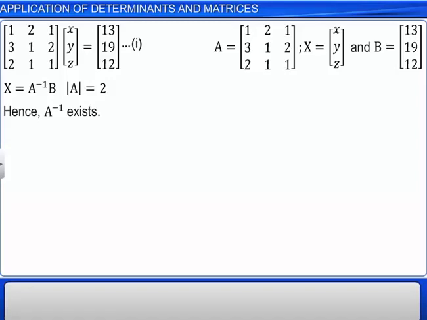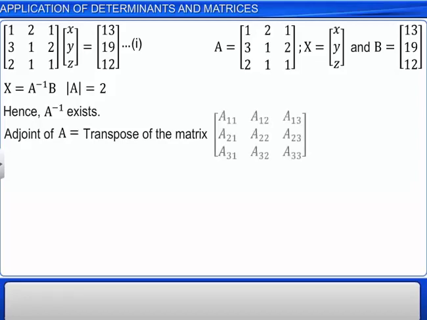Adjoint of A is obtained by finding the transpose of the matrix obtained by replacing the elements of matrix A by their corresponding cofactors, which is as shown.